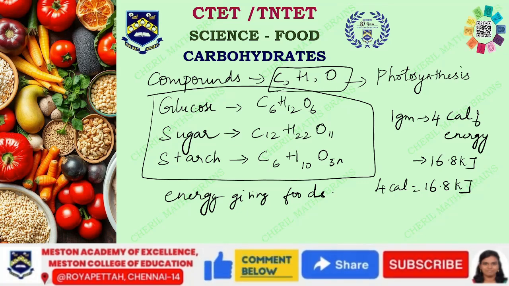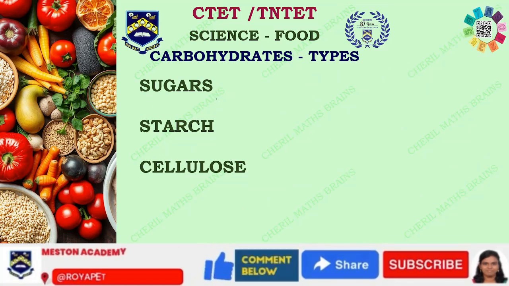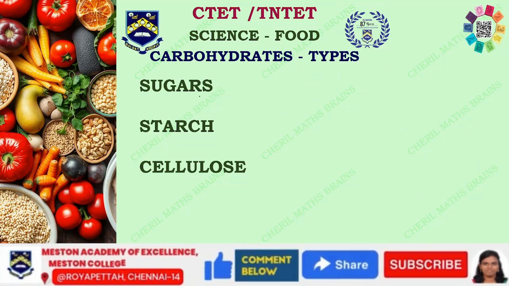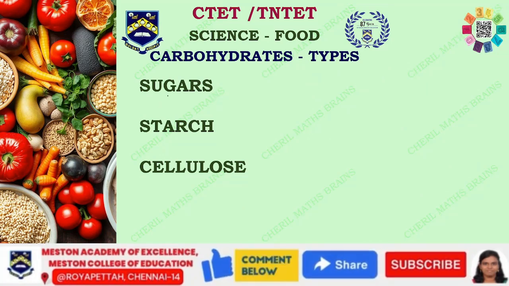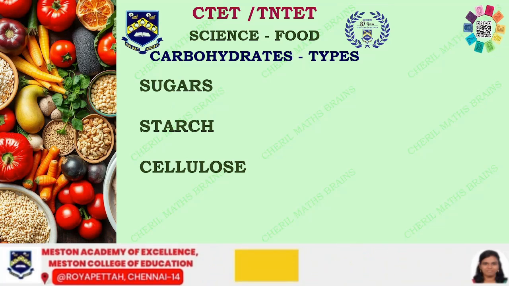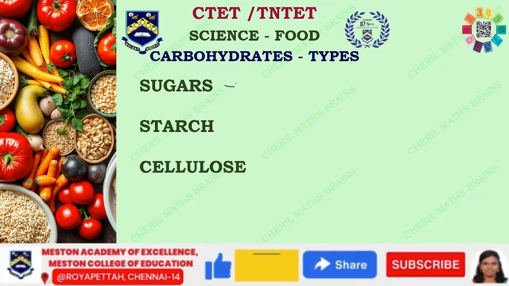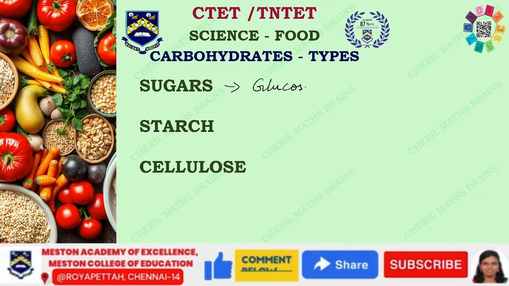Next we are going to see the types of carbohydrates. The 3 major types of carbohydrates are sugars, starch and cellulose. Under sugars we can include glucose, fructose, sucrose and all these.